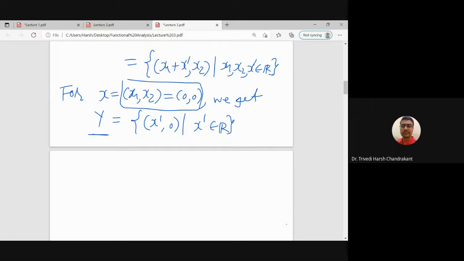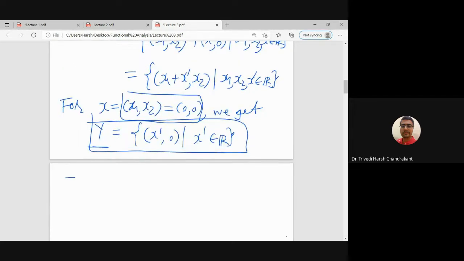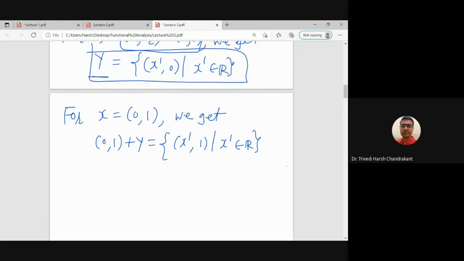So this is essentially our Y. So we are verifying that 0 plus Y is Y. And when X is non-zero, for example, if we take X equals (0, 1), we get (0, 1) plus Y. So that set is (x', 1), where x' belongs to R. So what is this set geometrically?